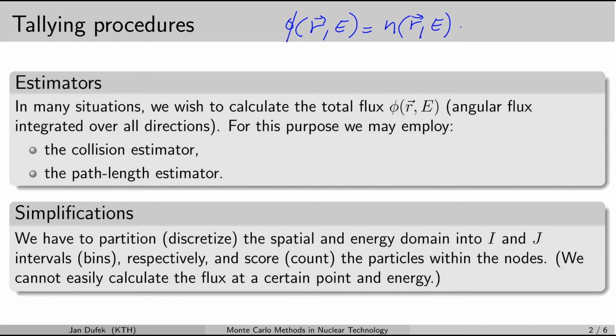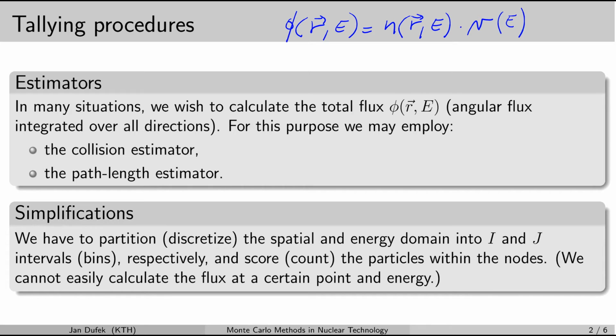The concentration of the neutrons is then multiplied by the velocity of the neutrons. The neutron velocity is dependent, of course, on the neutron energy, so the dependence on energy also comes from here.